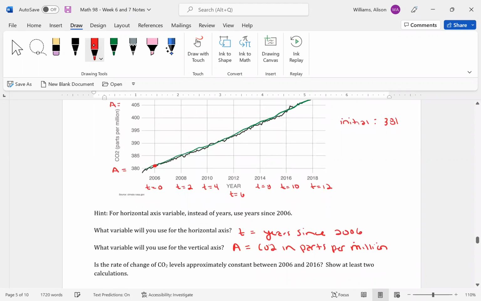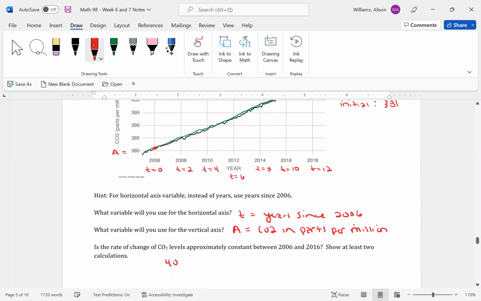Okay, so is the rate of CO2 levels approximately constant between 2006 and 2016? Let's show at least two calculations. At 2016, I'm going to put a dot there. That looks like it's closer to 405 than 404, so I'm going to approximate that to be 403.